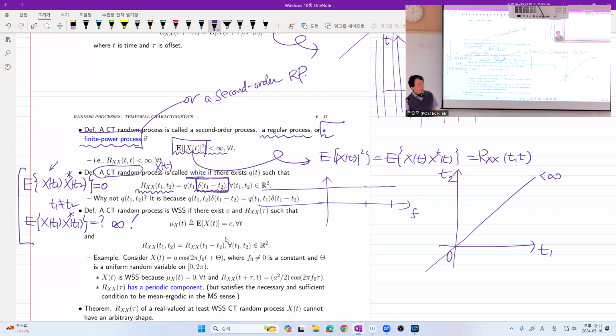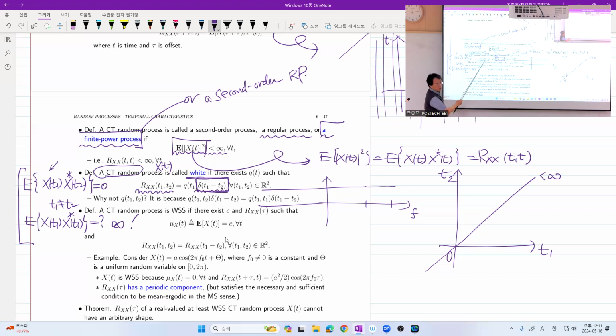Now, what about this term? Is it necessary to have a constant here, or some function of T1 and T2? In general, even though you have this property, you will have some non-negative function of T1 and T2, right?